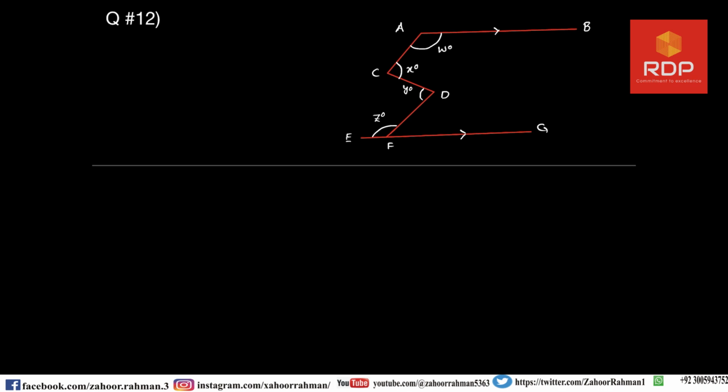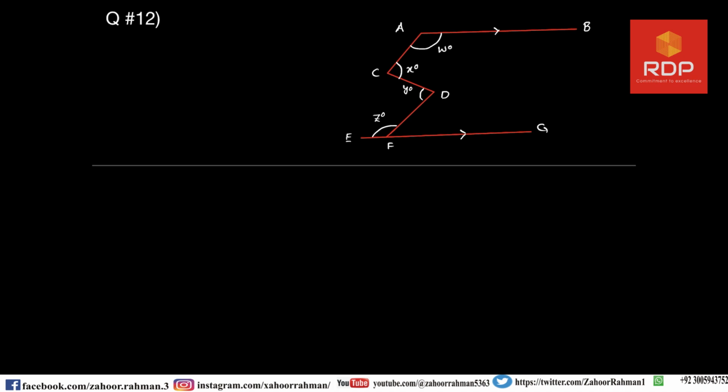Ladies and gentlemen, if you want to be a master of a topic, then you must know how to tackle advanced level questions. If you are able to do that, then be sure that you are now a master of this topic.